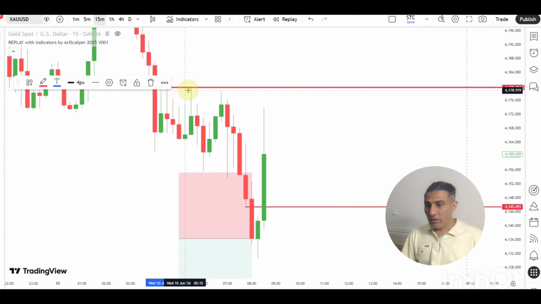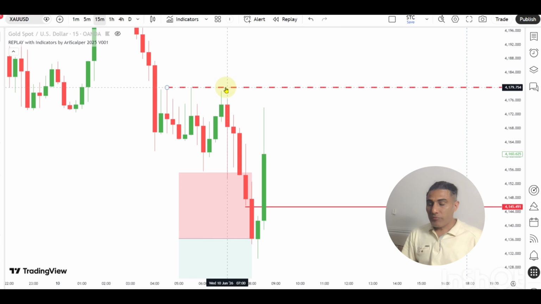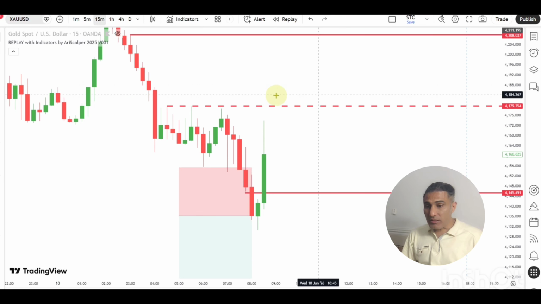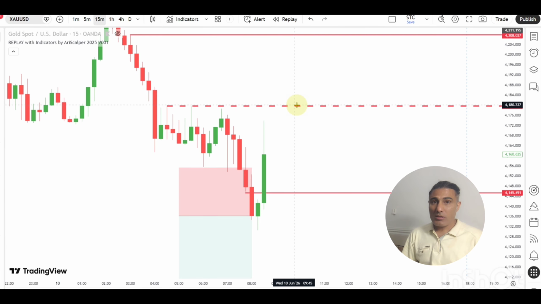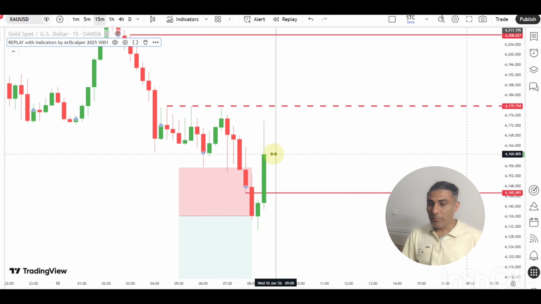Here we have three or four tops, and if the price wants to go higher, it needs to break this level in a valid manner. So we still cannot enter a long position. We need to wait to see what happens.